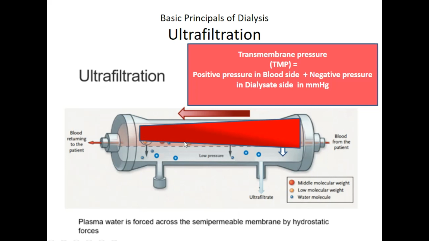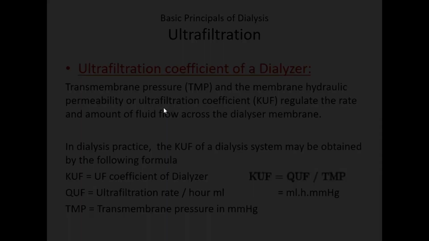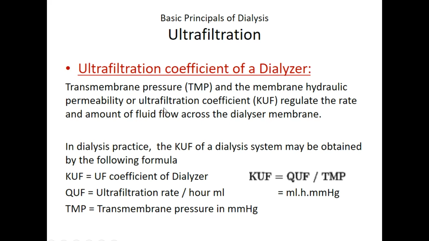And you can find that the second part of the dialyzer has more protein and more hematocrit. So here is some concentration of the blood, with maximum ultrafiltration in the first part of the dialyzer and lower ultrafiltration in the second part of the dialyzer.